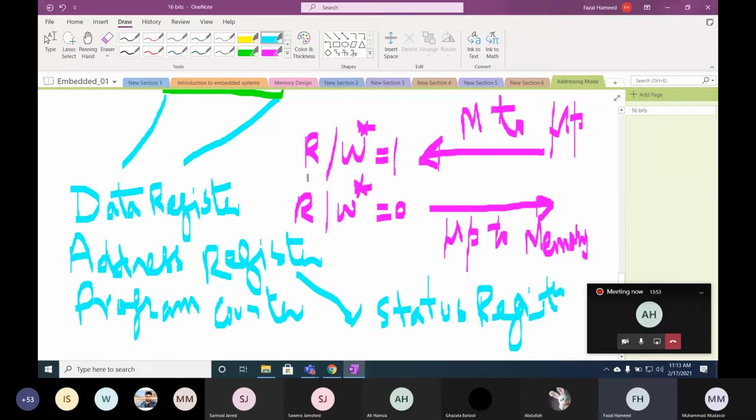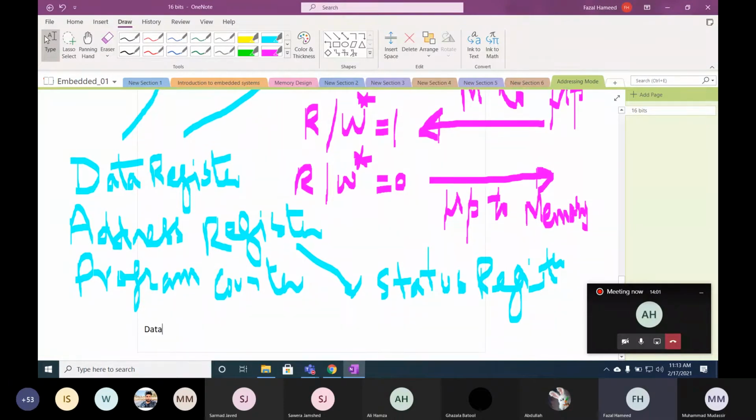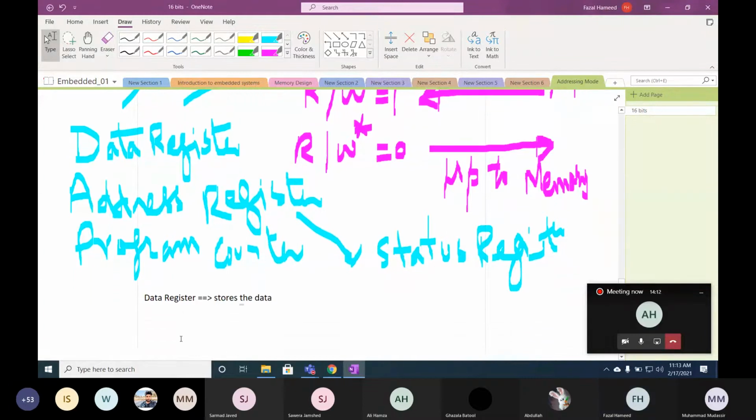So what is the purpose of a data register? The data register stores the data. And what is the purpose of an address register? जी बताइए बेटा. Address store करता है. It stores the address.